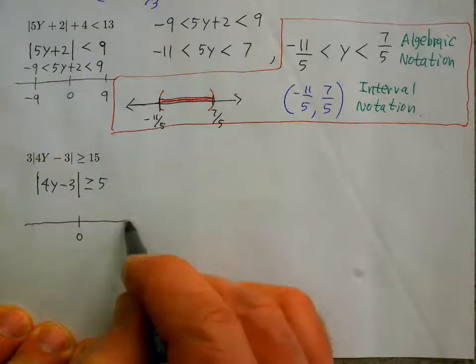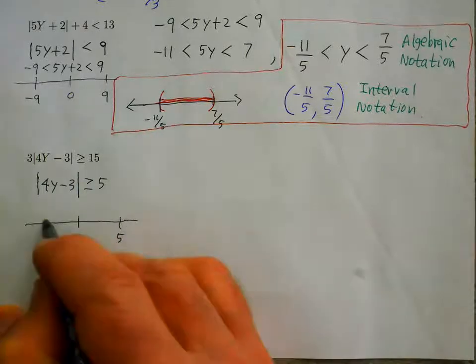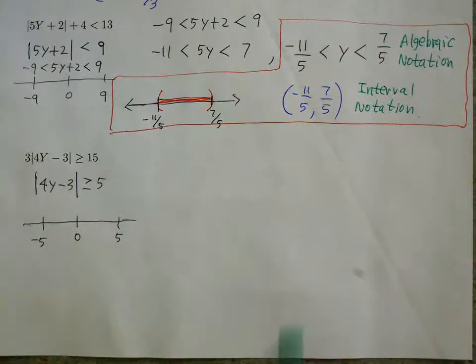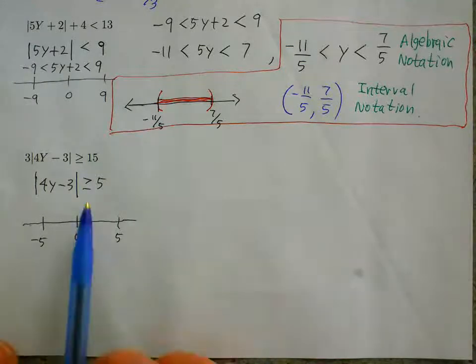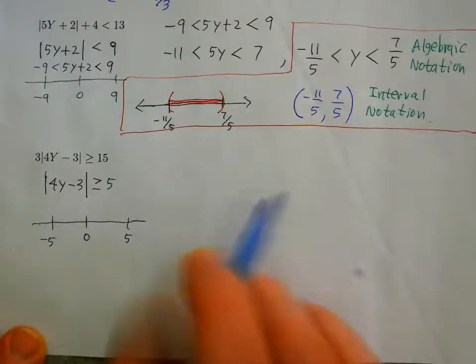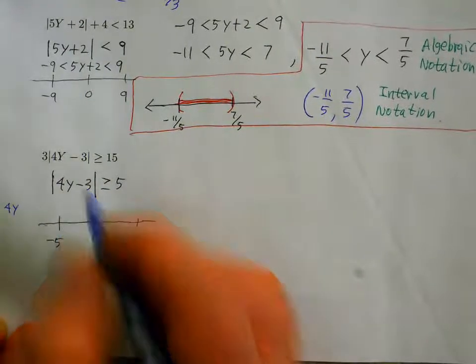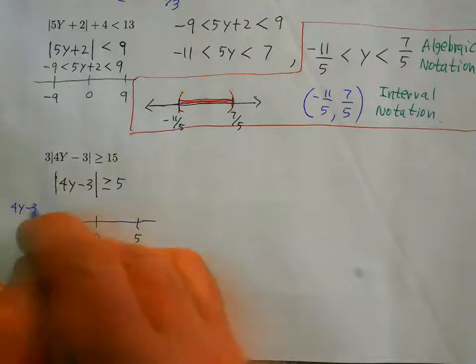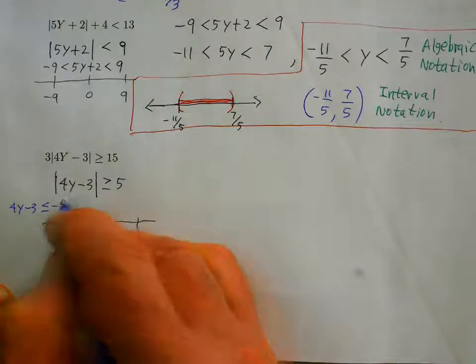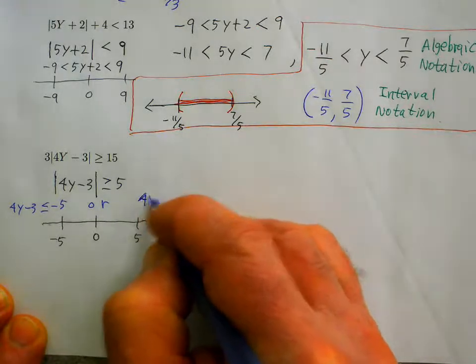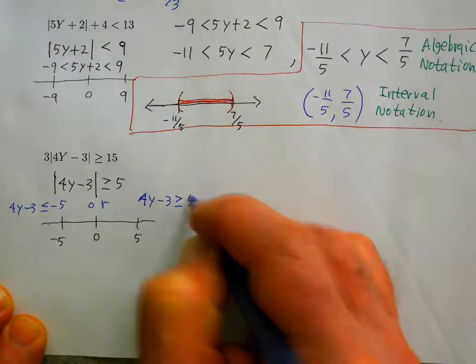So if we plot the numbers 5 and -5, then the numbers that have an absolute value greater than or equal to 5, well, those numbers, 4y minus 3 is less than or equal to -5, or 4y minus 3 is greater than or equal to +5.